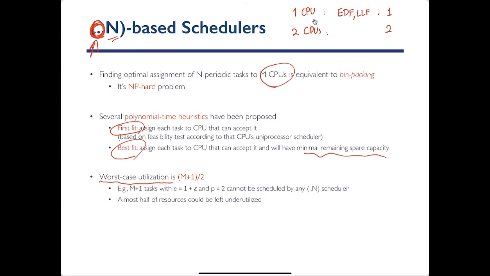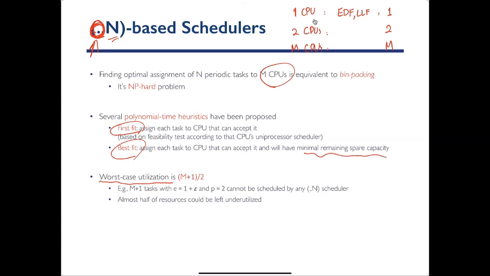And if I have m CPUs, I want to be able to handle a task set with total utilization of m. Because I have m CPUs, each one of them can run utilization up to 1. So m times 1, that's m. I'm hoping to achieve m. So that's what we want to achieve. That's the best case scenario.